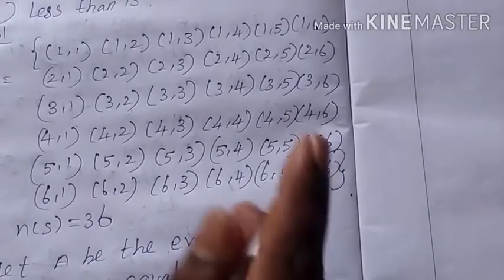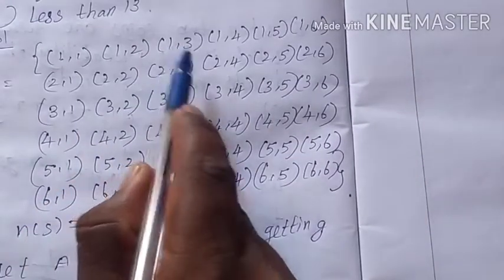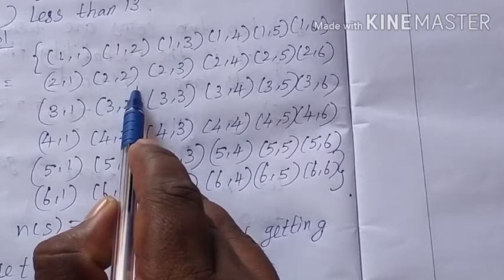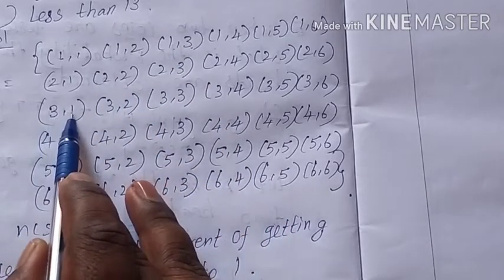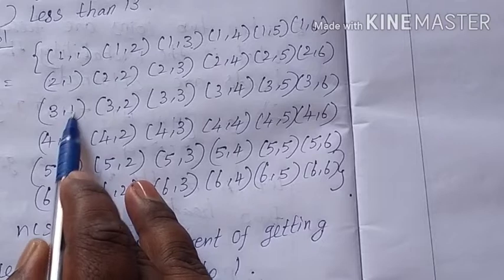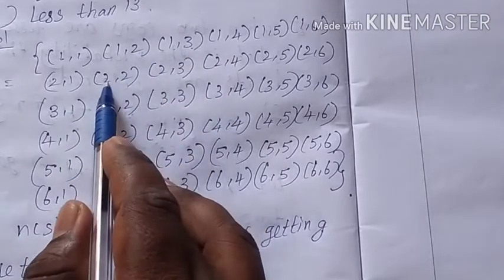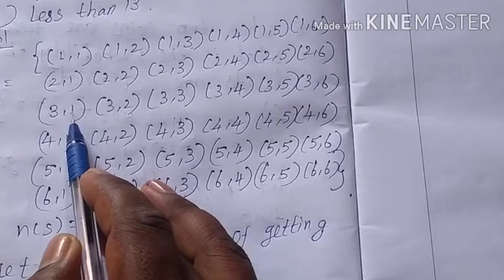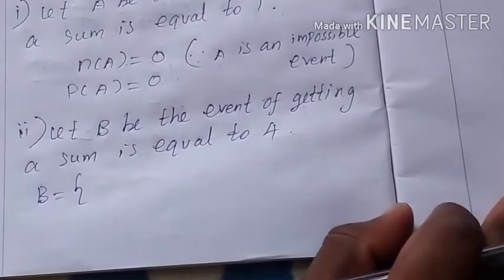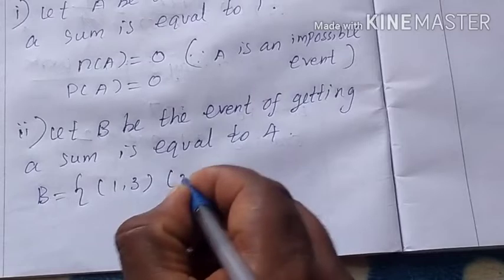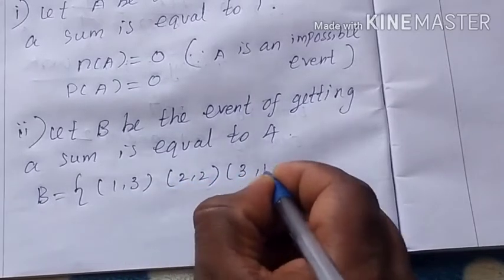Compare the sample space. 1 plus 3 is 4, 2 plus 2 is 4, 3 plus 1 is 4. That's all. So we get only 3 possibilities. Therefore the event is (1,3), (2,2) and (3,1).